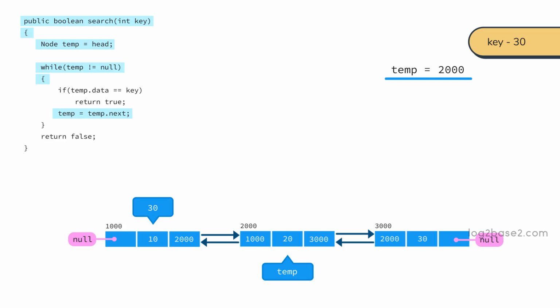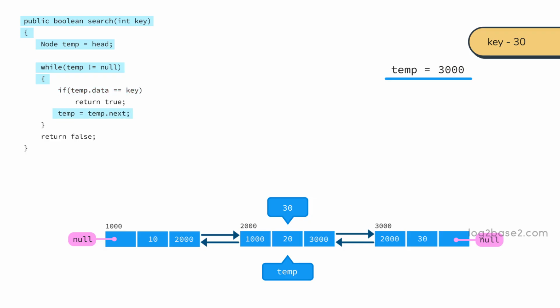Now temp will point to the next node, which is at address 2000. Again the while condition is checked and we have temp equal to 2000, which is not equal to null. So enter the loop and now compare 20 with 30, but it's not the same. So the if fails again and temp will be moved to the next node.